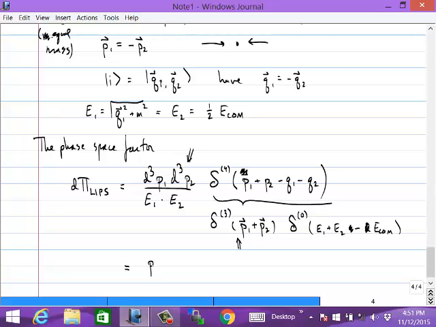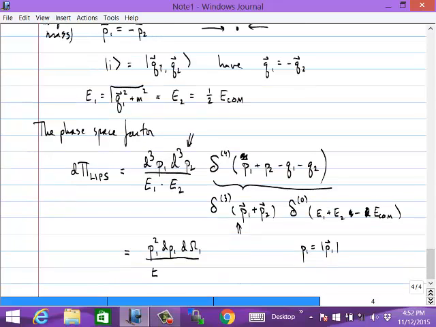Well, you'll get a d3p1, which you could write as p1 squared dp1 times d omega 1, where d omega 1 is the solid angle into which the particle p1 is scattered, and p1 is the length of the vector p1. Then you have divided by E1 times E2. But of course, E1 is equal to E2, and both of those are equal to the total center of mass energy, up to some factor of 2 that I'm not really keeping track of here.